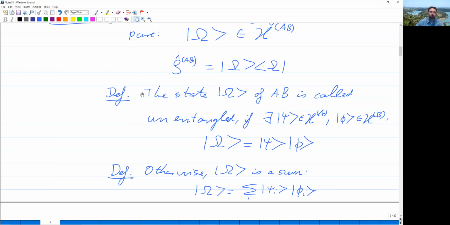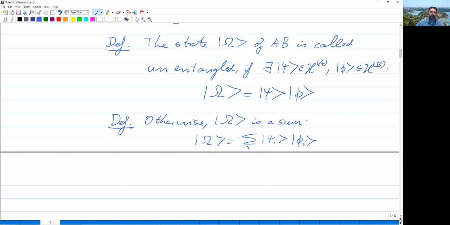If this sum has more than one term in it, then we say omega is entangled.